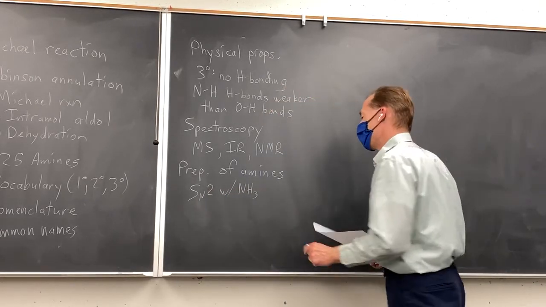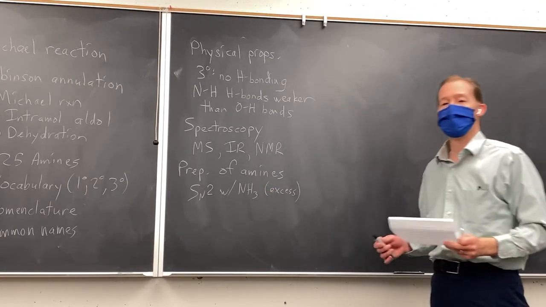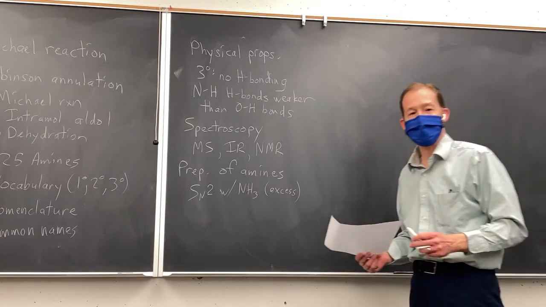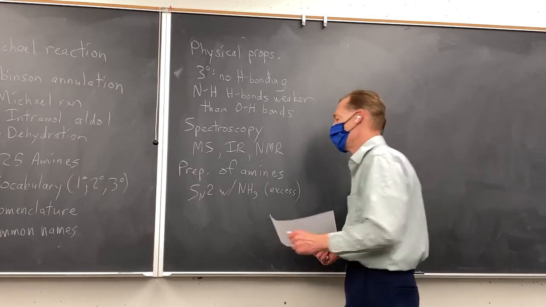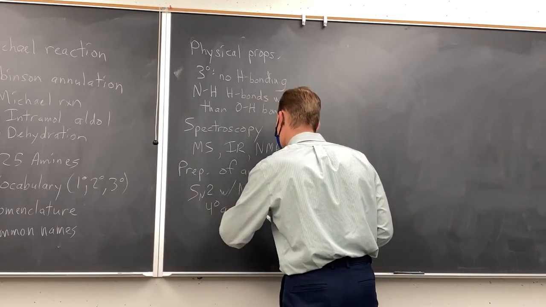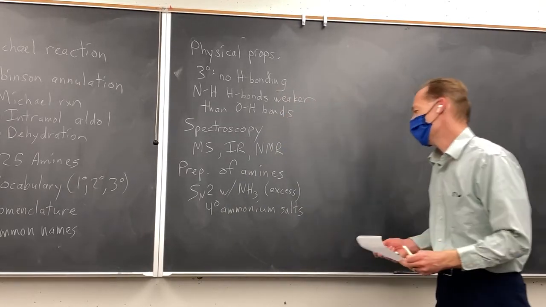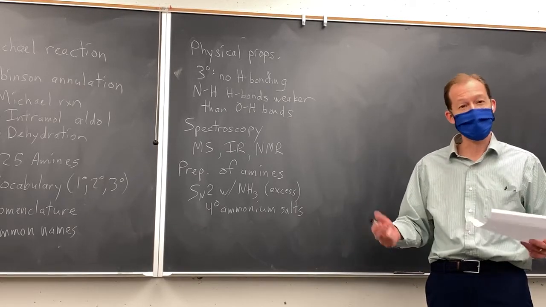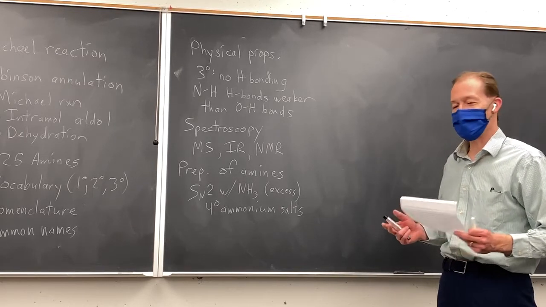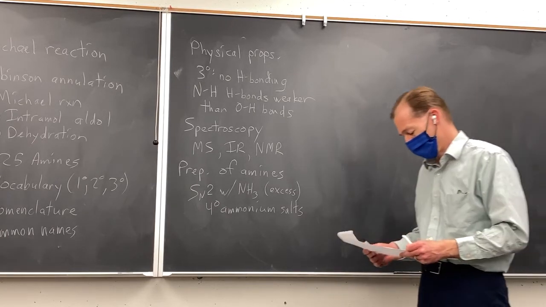We said that we could use excess ammonia, and that would enable us to synthesize primary amines. We also said that we can use SN2 reactions to make quaternary ammonium salts. That's part of what is done in the Hofmann elimination, for example. That's where we saw an example of using excess iodomethane in that case to generate a quaternary ammonium salt.